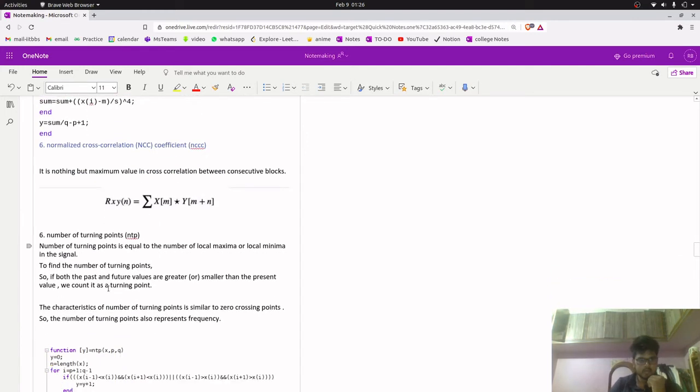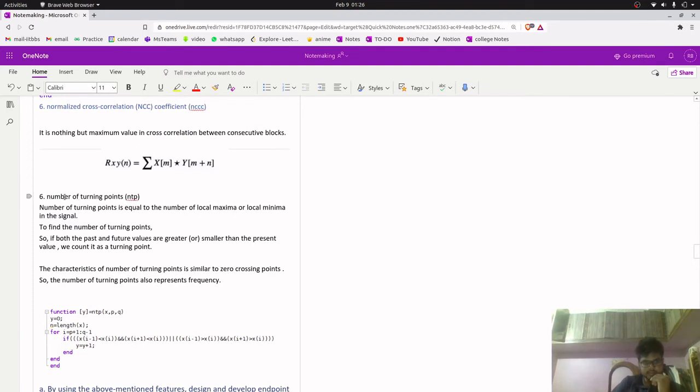Now here is the interesting part, the number of turning points, that is NPT. I have written a function NPT that calculates the number of times the speech signal crosses the zeroth line.